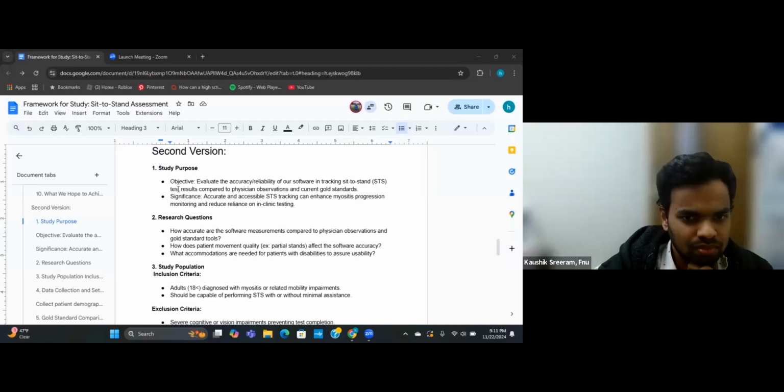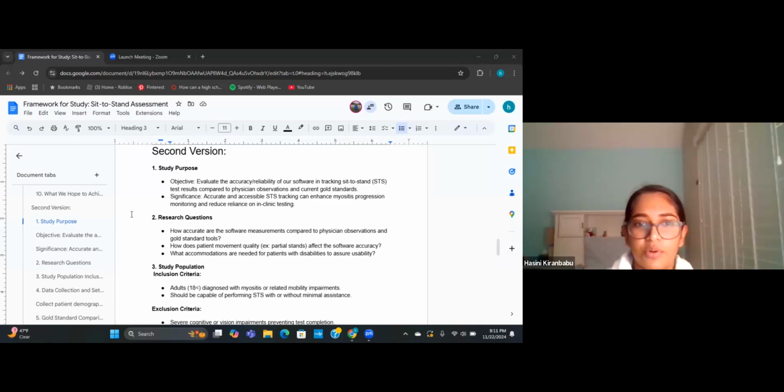So I would say the overall study purpose and objective is to evaluate the accuracy and reliability of our software in tracking sit to stand test results compared to physician observation and current gold standards. And the significance, why this is important and why we're even doing it, is because accurate and accessible sit to stand tracking can enhance myositis progression monitoring and reduce reliance on in-clinic testing.